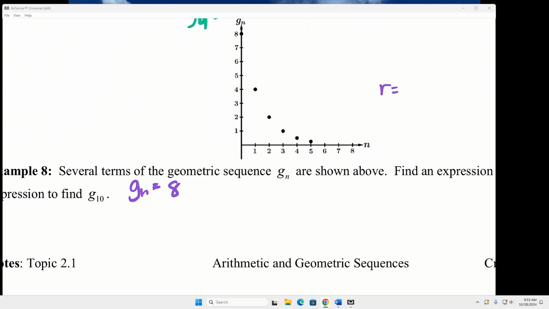So when you're figuring out R, take one term and divide it by the previous term. And you can use any of these.